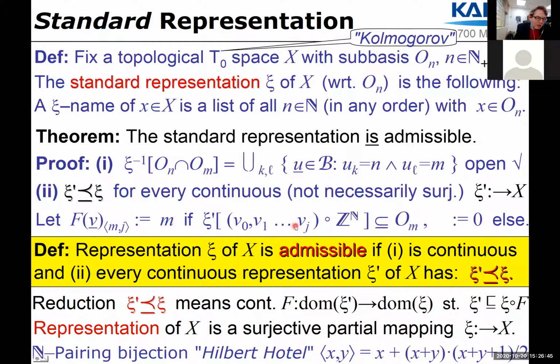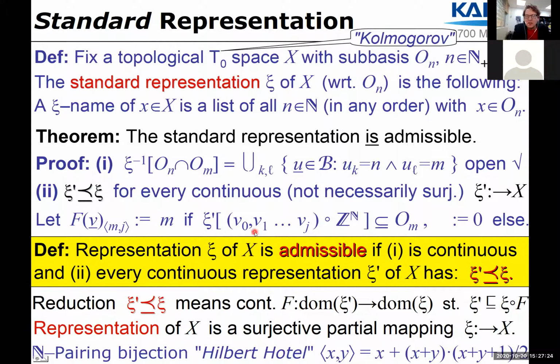Now, if it belongs to OM, then since Xi prime is continuous, right? That's the hypothesis. Xi prime is continuous, therefore, for sufficiently long but finite initial segments, all extensions will land in this open set. That's an equivalent definition of being continuous, right? A function is continuous if for every neighborhood in the codomain, there exists a neighborhood in the domain which is mapped inside this neighborhood.